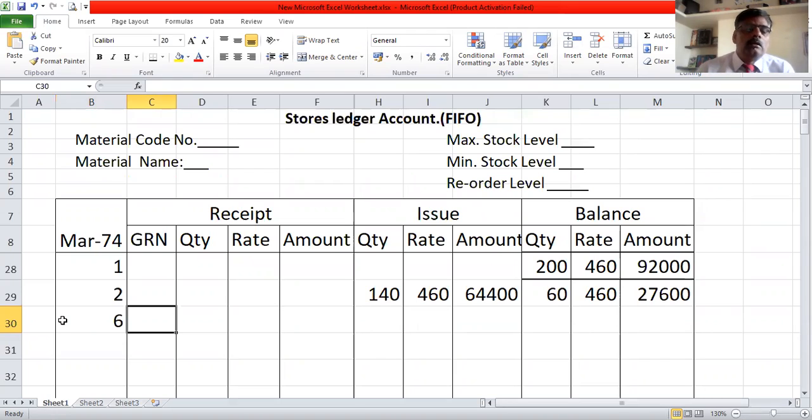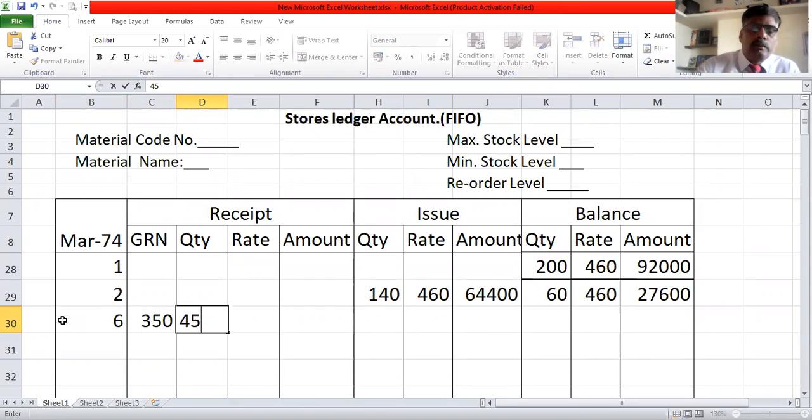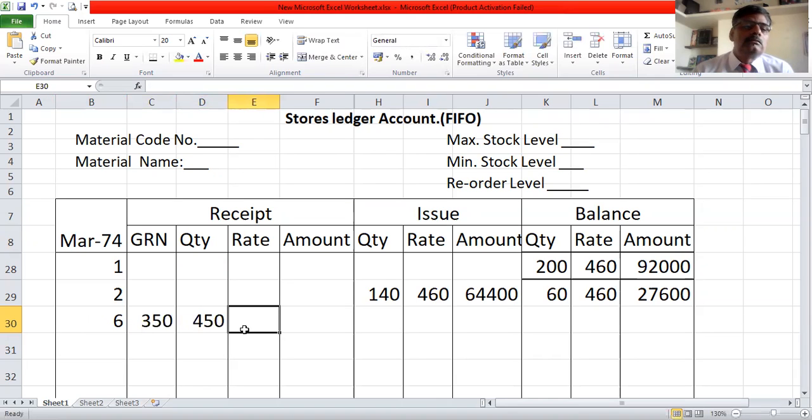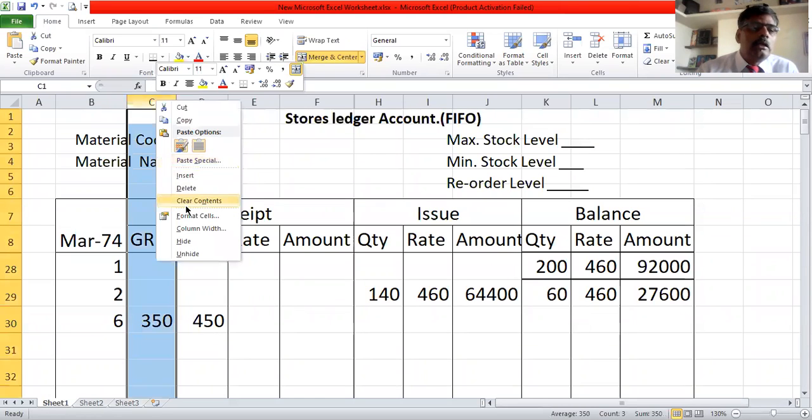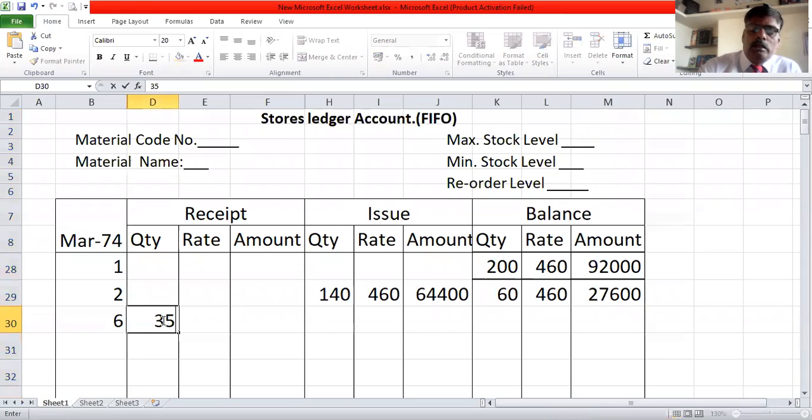Sorry, 350 tons purchase at the rate of 450. Number is not there. So 350 units at the rate of 450.